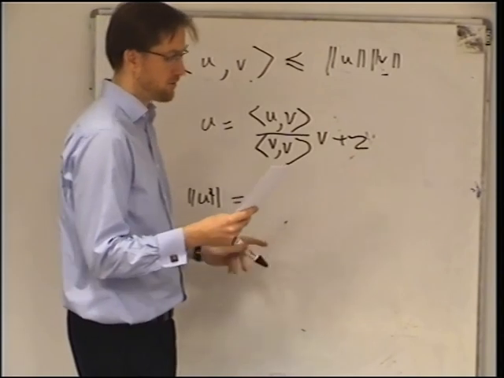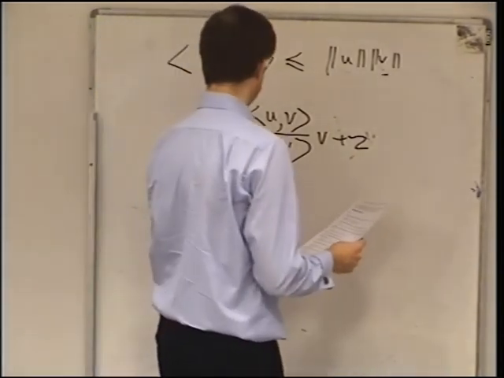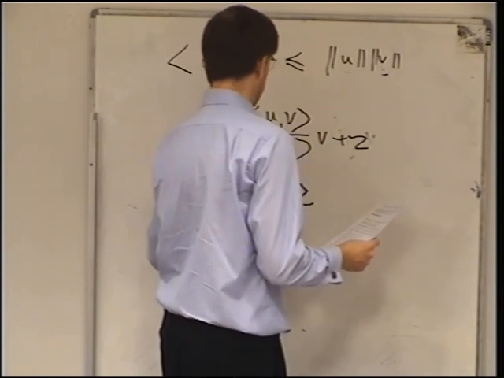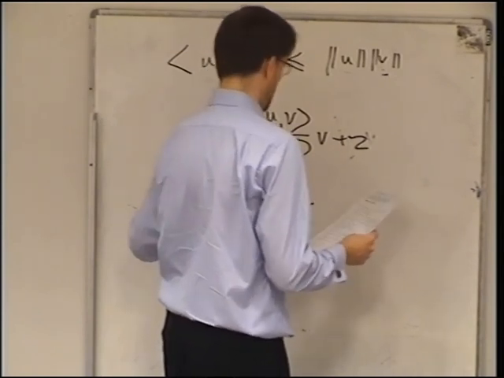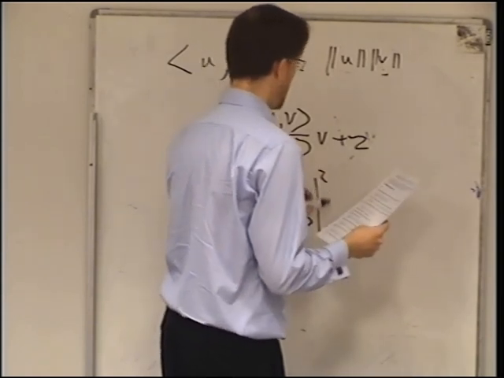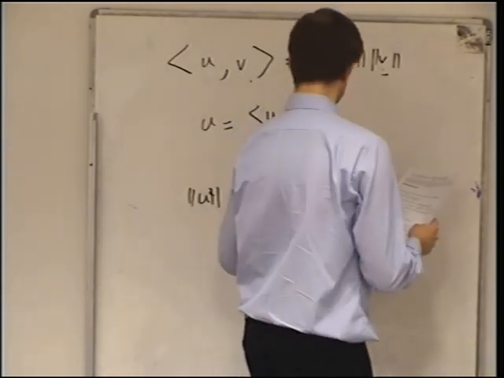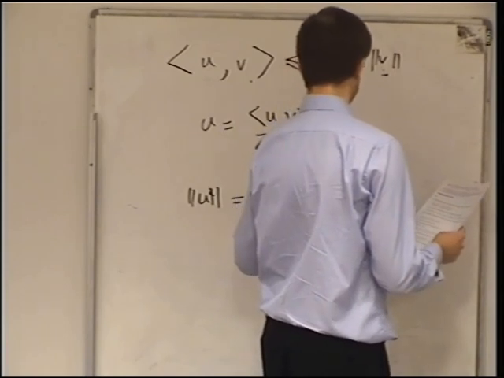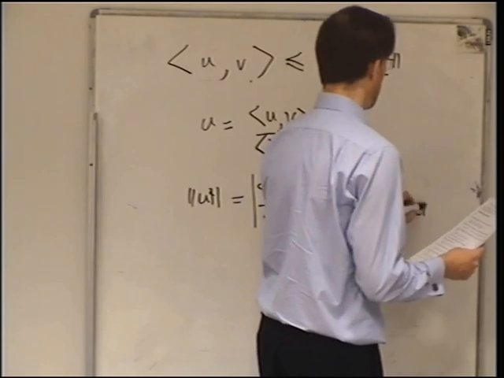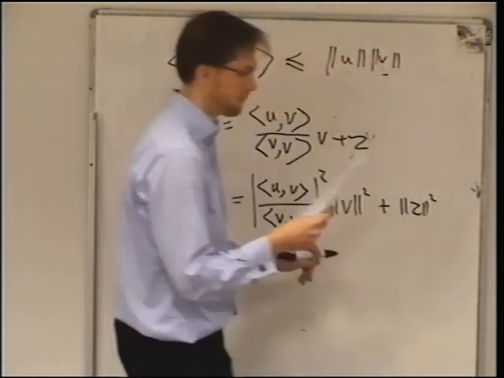That's what Pythagoras' theorem says. So that means I get ((u,v) over (v,v)) squared times the norm of v squared plus the norm of z squared.